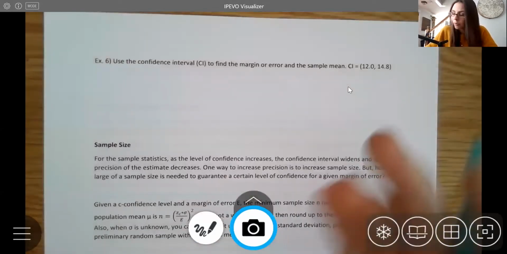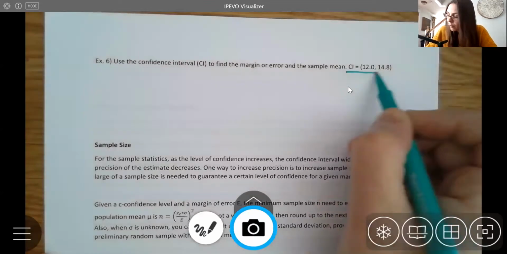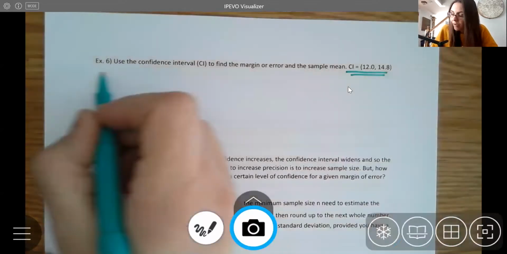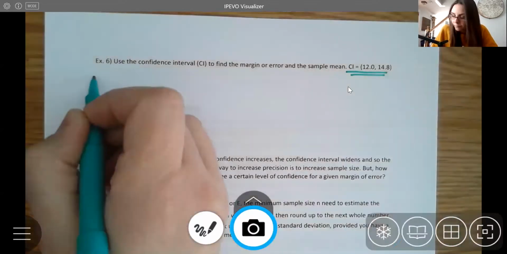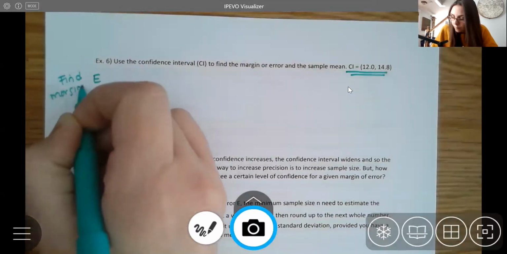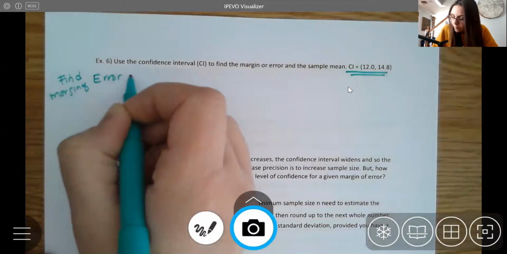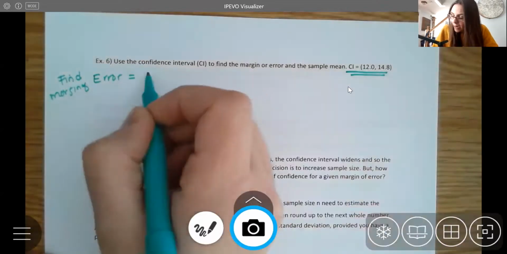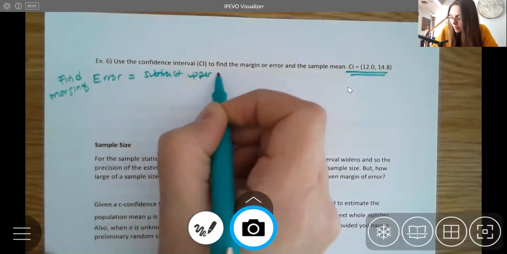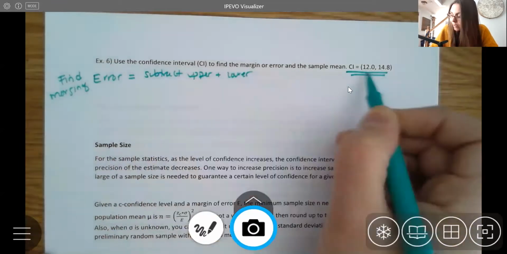It's actually pretty simple. So here's a confidence interval that was already done. The first thing we can do is find the error. So what you're going to do is subtract the upper and lower values in the confidence interval.